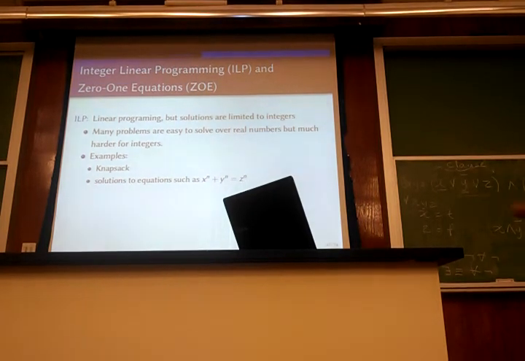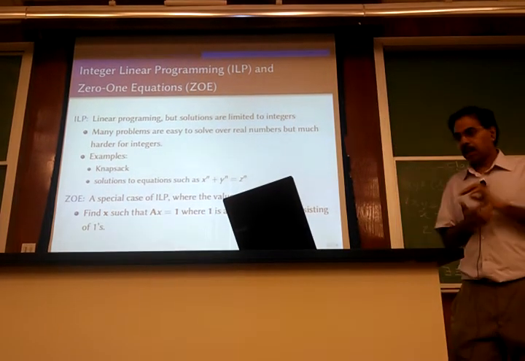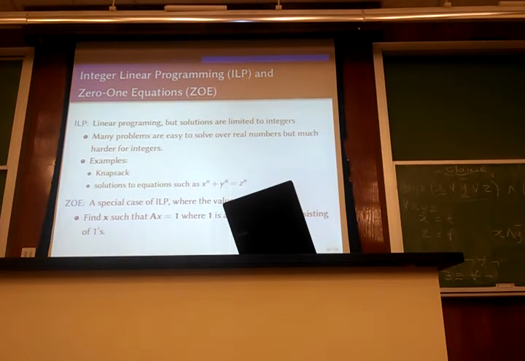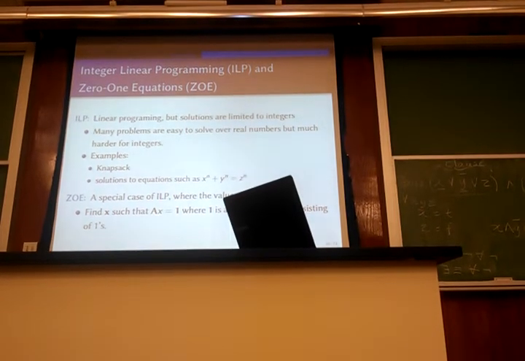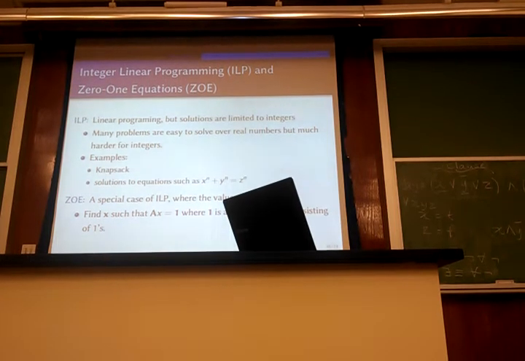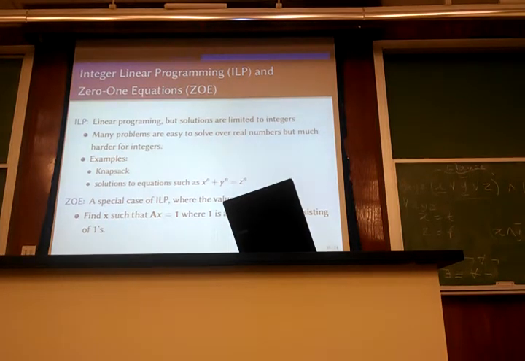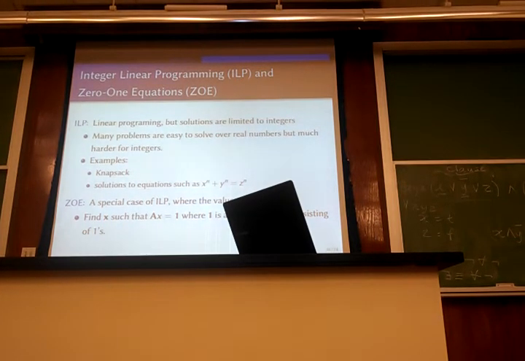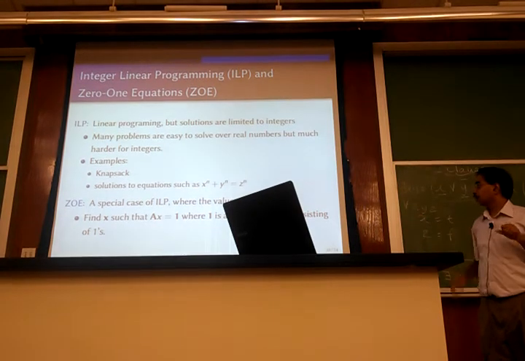But once you say x, y, and z have to be integers, it's very hard. 0, 1 equations is a further restriction: you constrain the integer linear programming further to say that the solution should be either 0 or 1, not any arbitrary integer, but just 0 or 1, right? And you might think, well, this simplification might make the problem easy, but as it turns out, even the 0, 1 equation is also very hard.